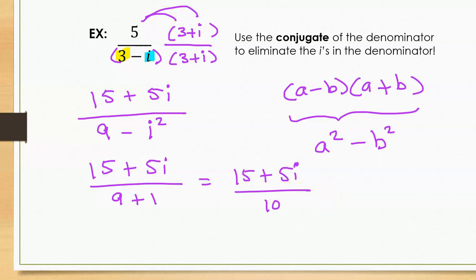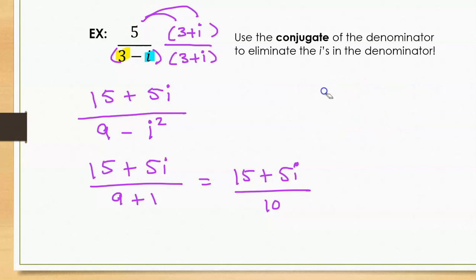Well, you know what? I'm not going to leave this as my final answer, because do you notice that all three of these numbers are divisible by the same thing? When all of the numbers are divisible by the same number, then you can do that division. So all of these are divisible by 5.